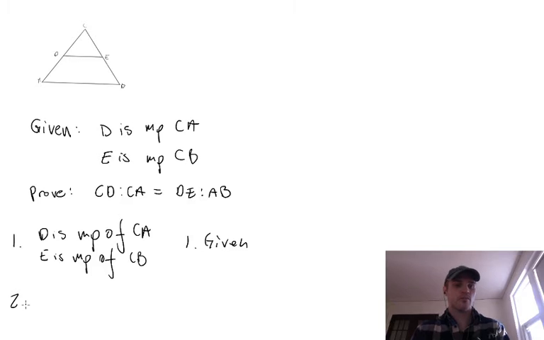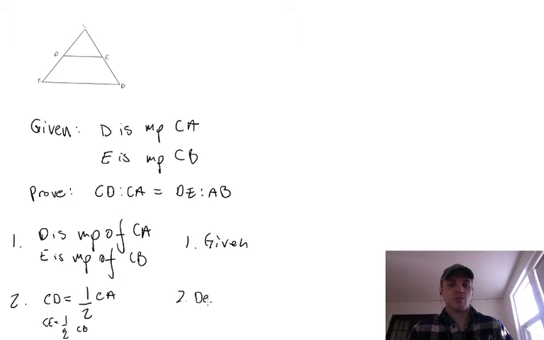Okay, so we need to make 2. What do we get from that being the midpoint? That means that CD is equal to 1/2 of CA. And likewise, CE is equal to 1/2, sorry, I'm running out of room, of CB. Our justification is the definition of a midpoint.